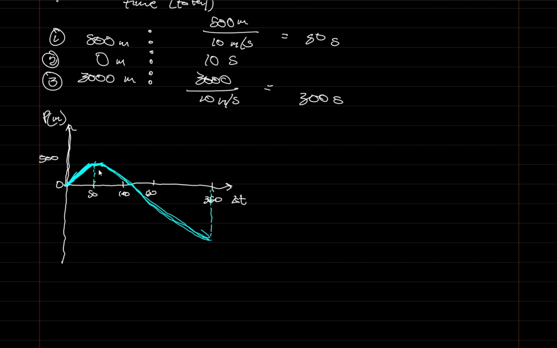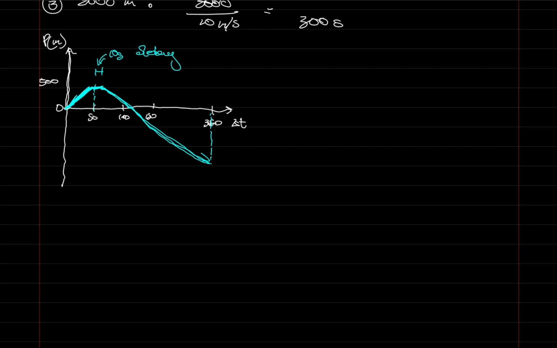There's actually a gap between here and here. That's a 10-second gap that she's waiting there at the post box. Because if it wasn't there, we would start from here, then continue downwards. But because there's that delay of 10 seconds, your graph should look like that.